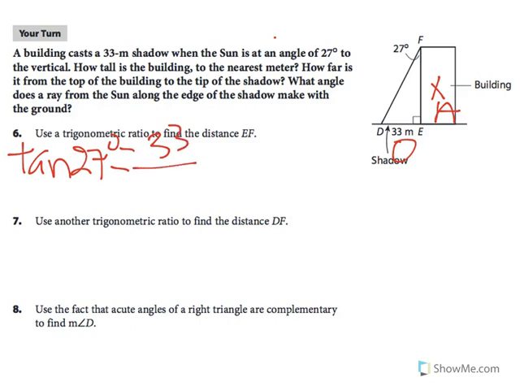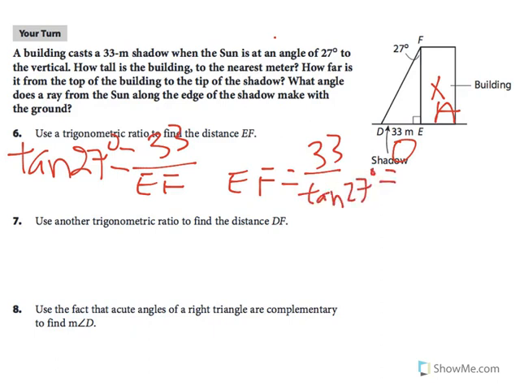So then EF is equal to 33 over tangent of 27 degrees. So this gives us, to the nearest, 65, and in terms of meters.